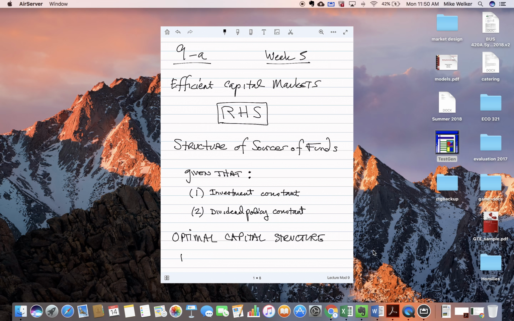This is our goal, maximize shareholder wealth. So again, everything here makes much better sense when we have this general goal understood and established.